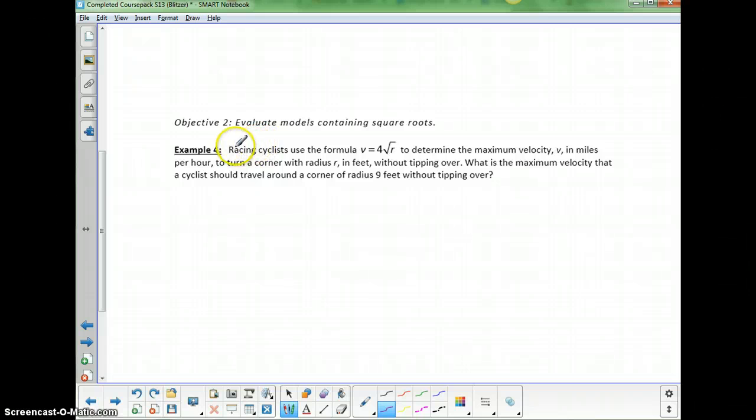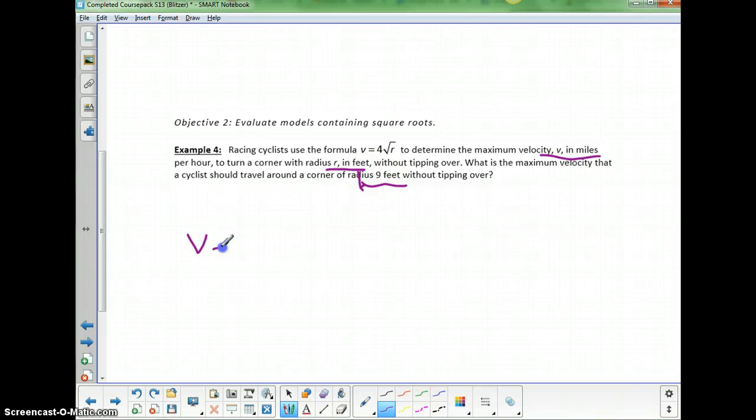So this one says, race cyclists use the formula v equals 4 square root of r to determine the maximum velocity v in miles per hour to turn a corner with radius r in feet without tipping over. What is the maximum velocity the cyclist should travel around a corner with a radius of 9 feet without tipping over? Okay, so that radius is 9 feet.